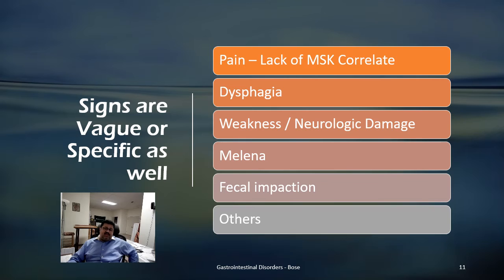Similar to the vagueness of the symptoms, the signs are those phenomena that you elicit as an outcome of your examination or your physical examination. Some of these signs can also figure as a symptom because a patient might relate it as one of the reasons that they have come to the clinician.